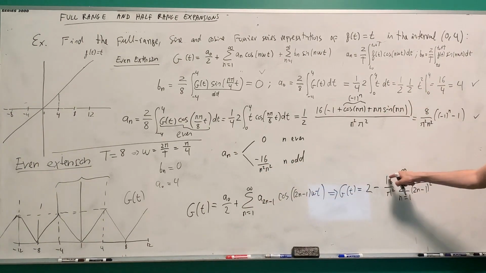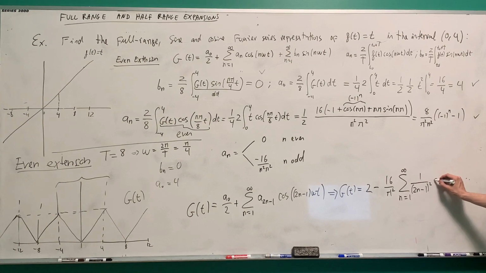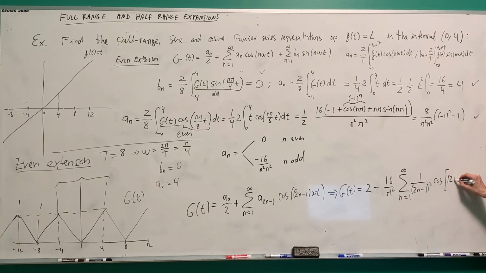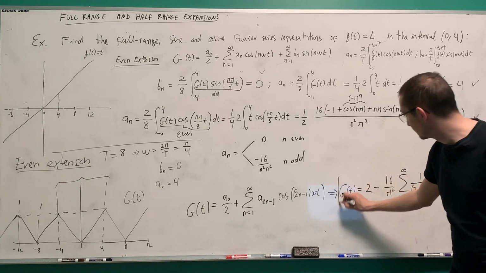The pi squared is out and 16 is out. And then finally, the cosine of (2n minus 1) times omega, which is pi over 4, times t. I hope that is understandable. And this is the final result.